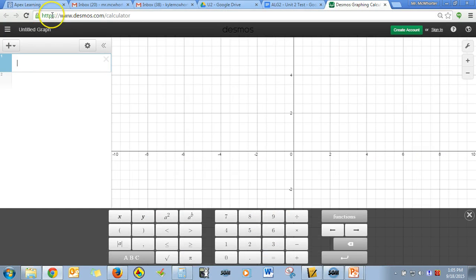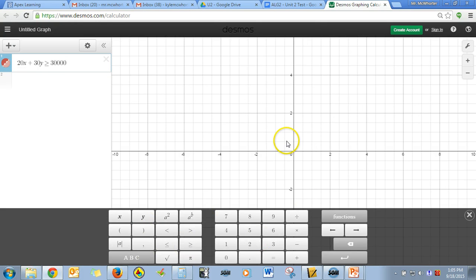Allow me to introduce you to the Desmos graphing calculator that you can find on what I like to call the internet. And I can just graph 20x plus 30y greater than or equal to 30,000.